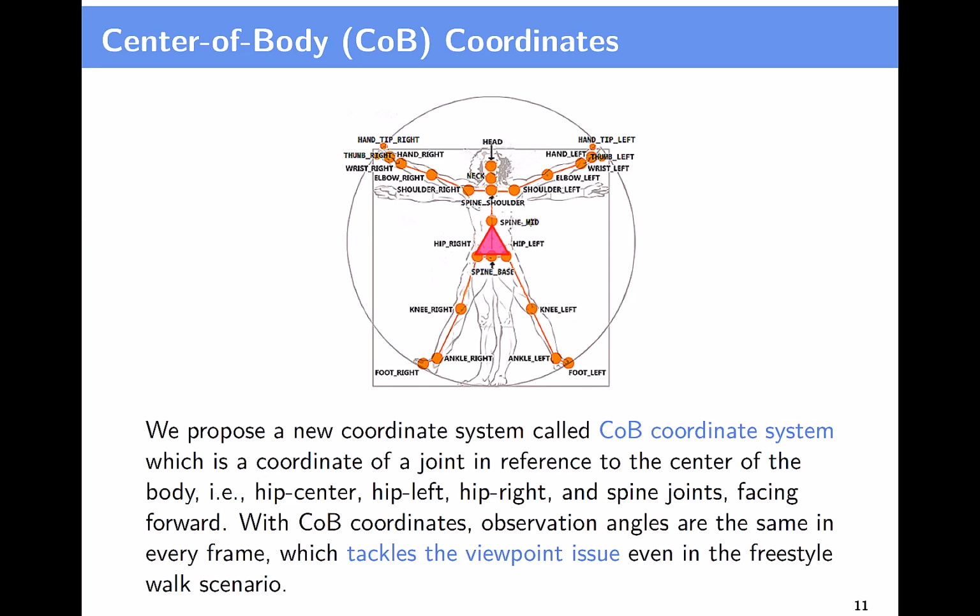This is a coordinate system that uses the center of body joints, which are the hip center, hip left, hip right, and the spine joint, to be the axes of the coordinate system. In this COB coordinate system, we rotate the body so that the observation angle is the same in every frame where we detect the human body. And this helps tackle the viewpoint issue even in the freestyle walk scenario.